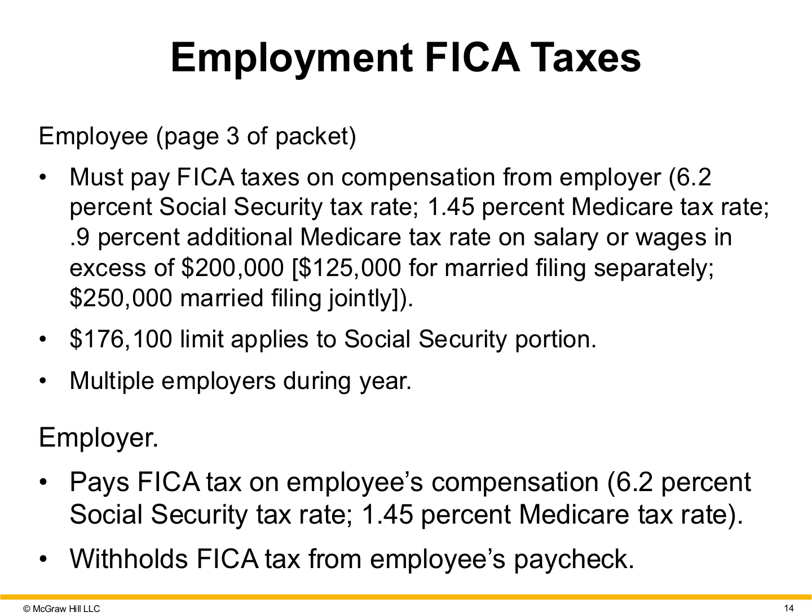Employees are also subject to a 0.9% additional Medicare tax on any salaries or wages in excess of $200,000, or $125,000 for married filing separately, or $250,000 for married filing jointly. For Social Security tax, there is a wage limit.